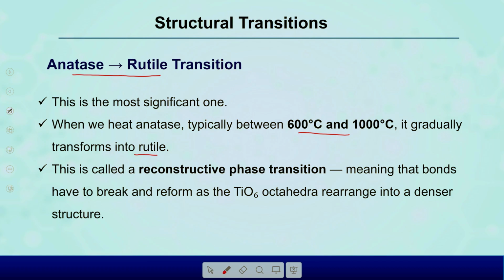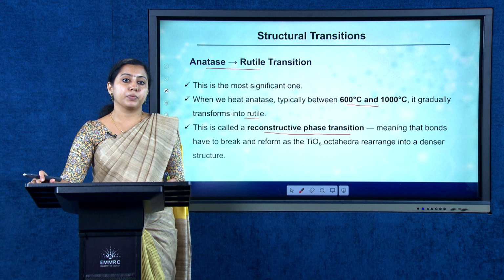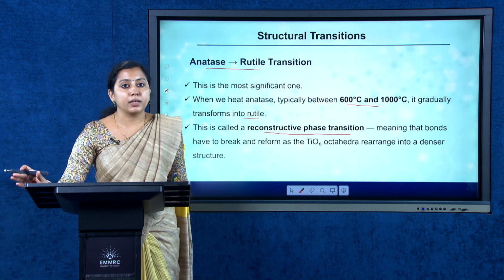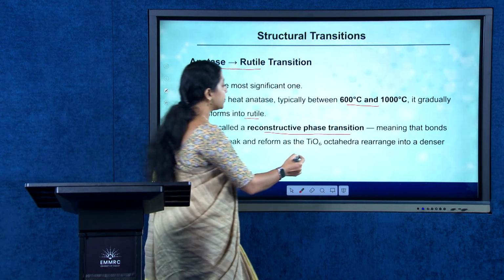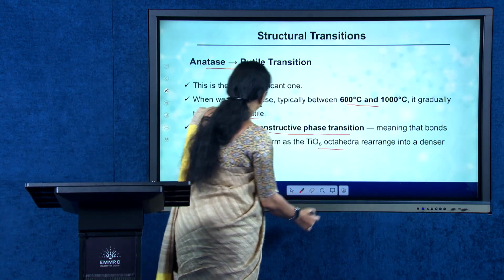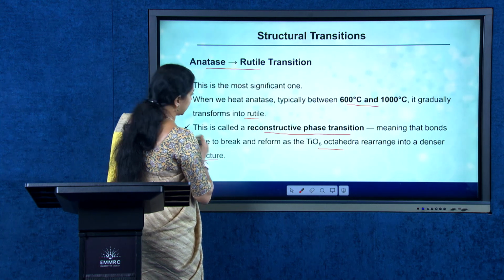And this structural transition is also called a reconstructive phase transition. Now, what is a reconstructive phase transition? That means the bonds will break and reform as the TiO6 octahedra rearrange into a denser structure.